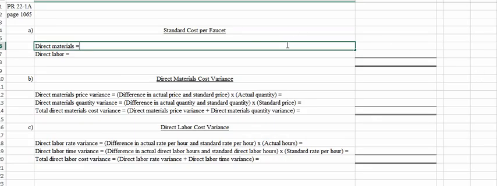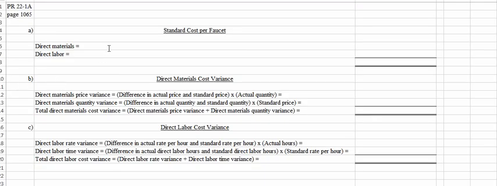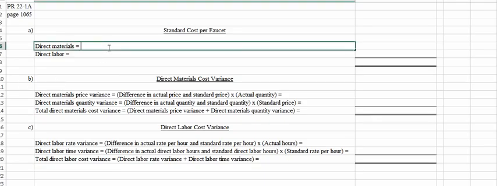Okay, for direct materials, we're going to say standard number of pounds of brass per unit, per faucet, times standard price per pound of brass.